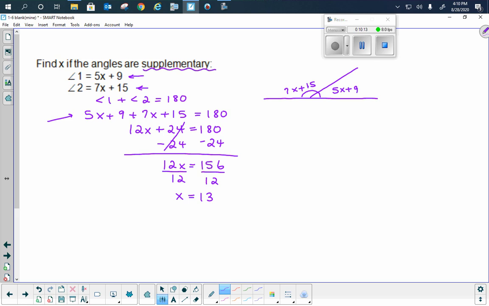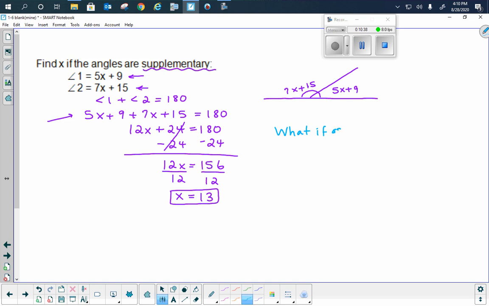That's the exact same thing that's happening here. You're just saying those two angles add up to 180. So if you think about the picture, the x doesn't stand by itself, so this is just going to be a regular old 13. But this is a completely different question. The answer to the question that's here is 13.